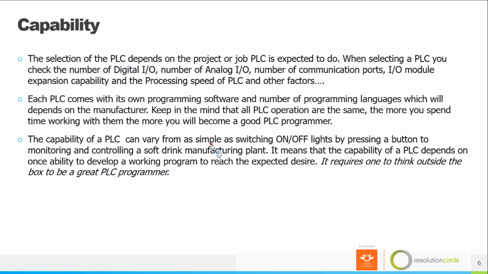It means that the capability of a PLC depends on one's ability to develop a working program to reach the expected desire. So it requires one to think outside the box to be a great PLC programmer. You will have to think outside the box if you are a PLC programmer.